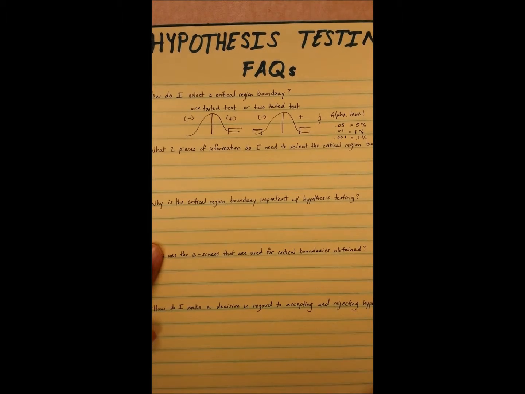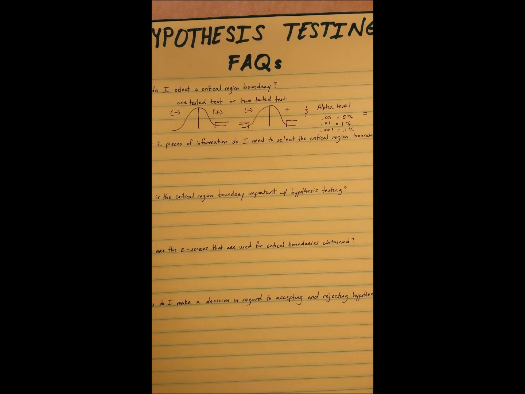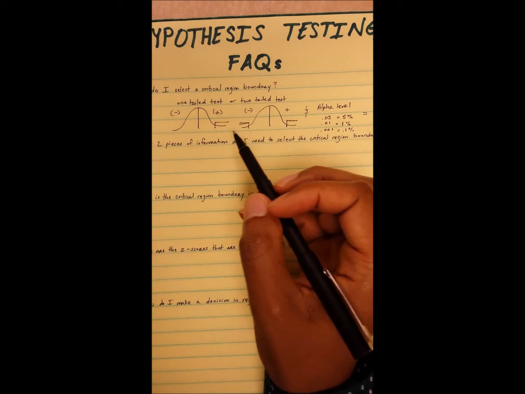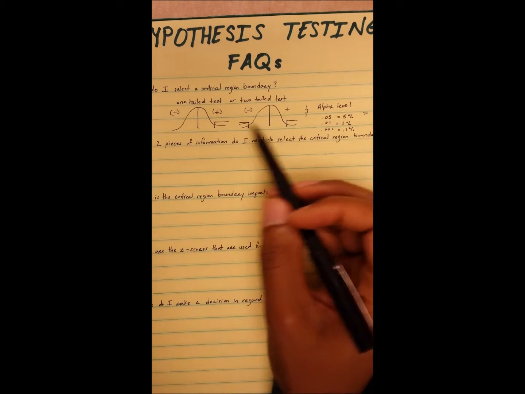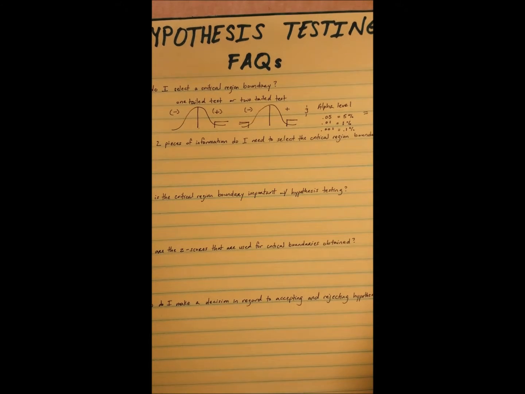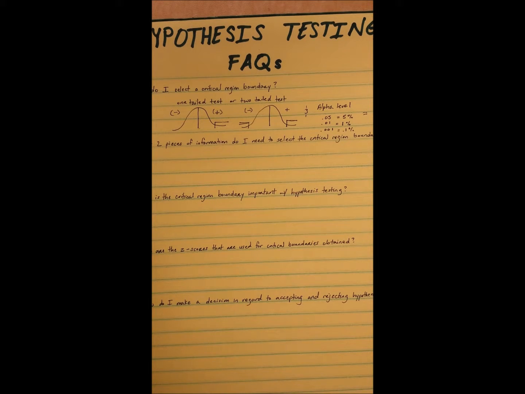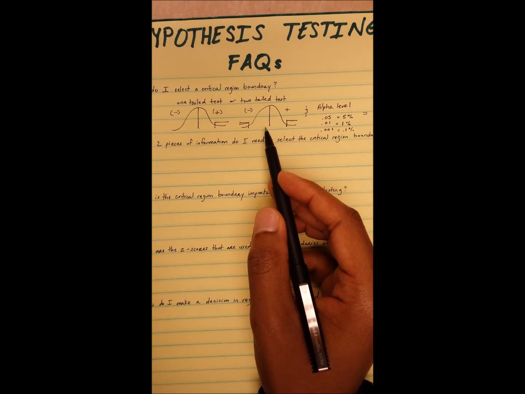So, first question is, how do I select a critical region boundary? Well, first, you're going to need to know whether it's a one-tailed test or a two-tailed test. Okay, and this is information that will be given to you in the problem that you are solving. So it'll explicitly say one-tailed test, two-tailed test. It'll tell you which route to go. If you're doing your own individual research, you'll have to make the decision as to whether or not you just want to assess for differences and you're not sure where those differences are going to lie.